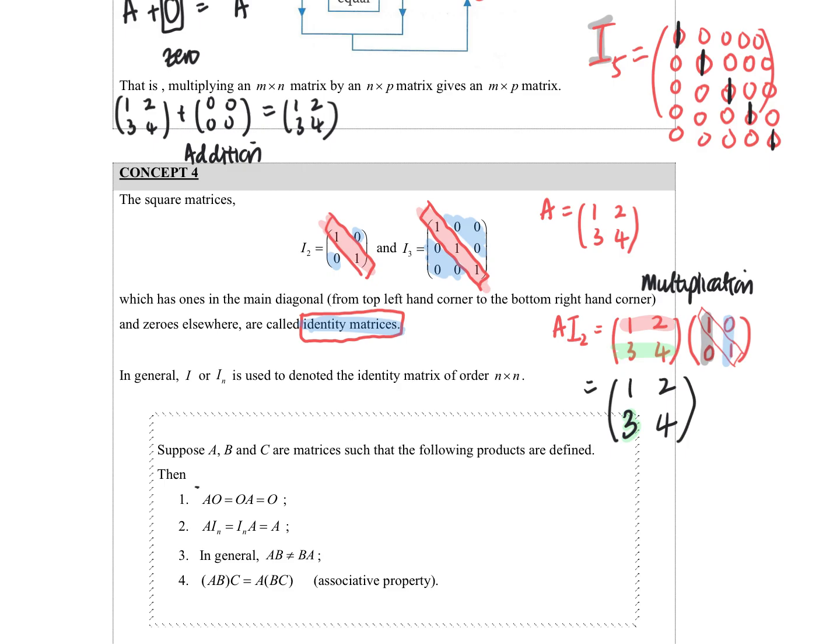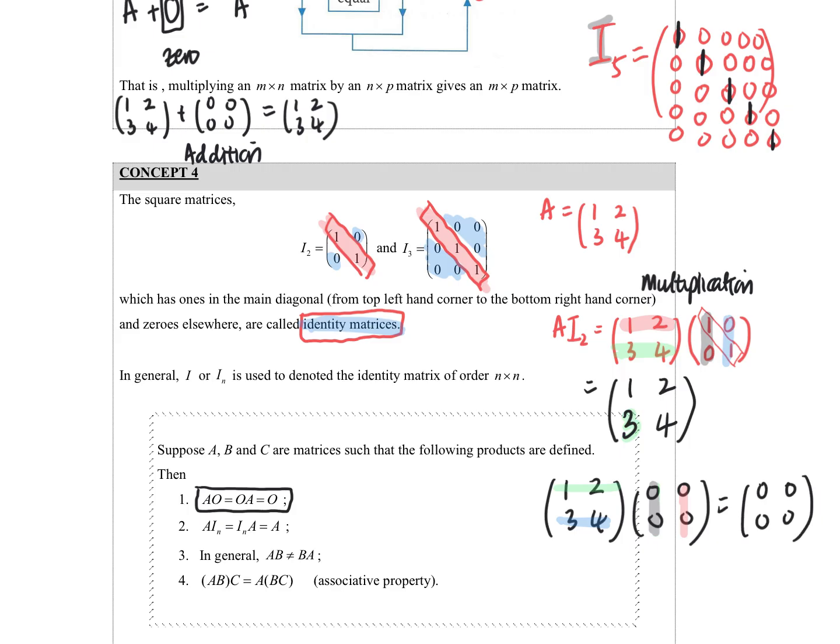But if you multiply by the 0 matrix, then everything gets 0 lah. Because 1 times 0 plus 2 times 0, you get 0. 3 times 0 plus 4 times 0 gets 0. And then the last one also. So if you multiply by the 0 matrix, everything becomes 0.